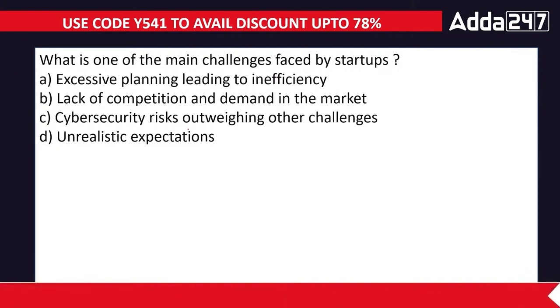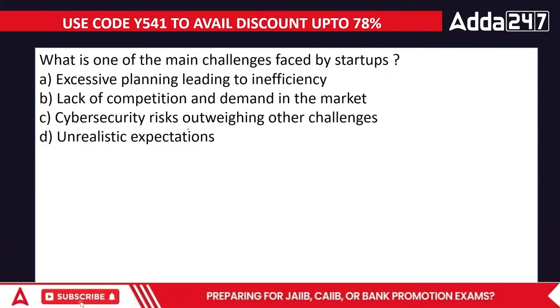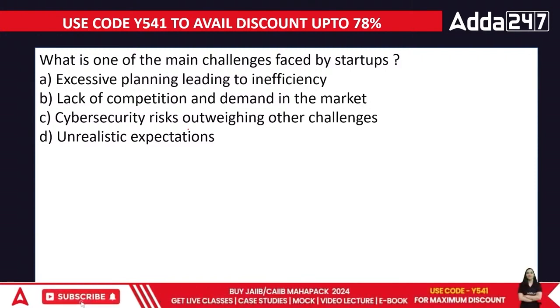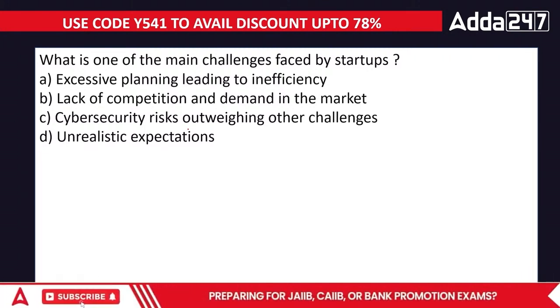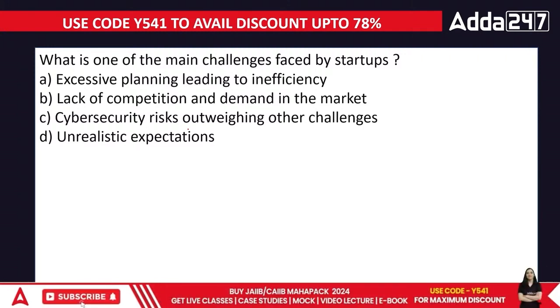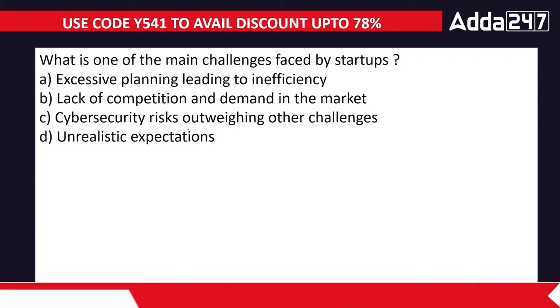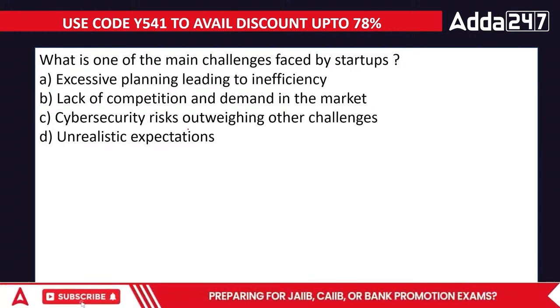Excessive planning leading to inefficiency, lack of competition and demand in the market, cybersecurity risk outweighing other challenges, or unrealistic expectations. There are no realistic expectations, because they don't know anything, and this market is so unknown. There have been things which went out in the market so well that nobody knows about it. Done.